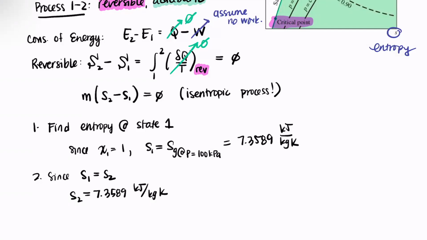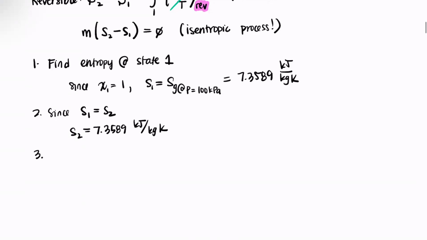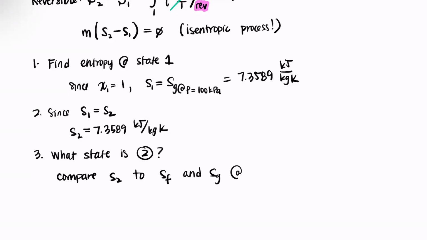Okay, so step 3, we need to figure out some more information about state 2, right? So we need to first figure out what state we're at in state 2. All right, so we will compare S2 to SF and SG at P2, which is 300 kPa. Right? So let's do that.